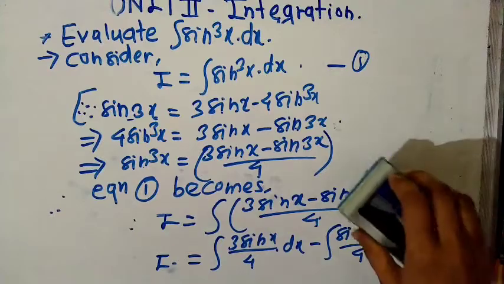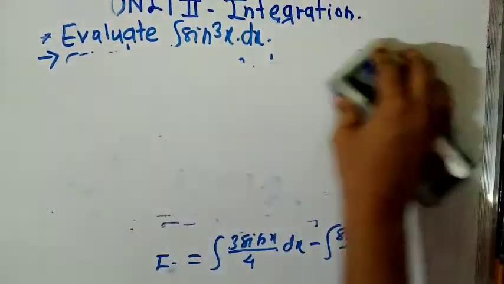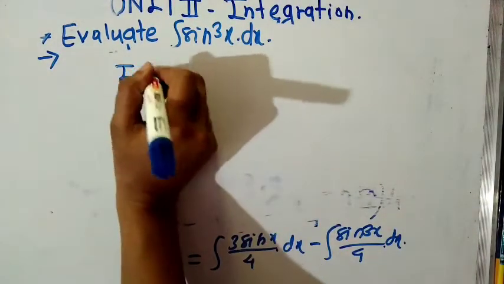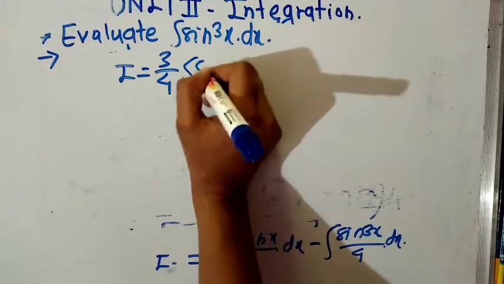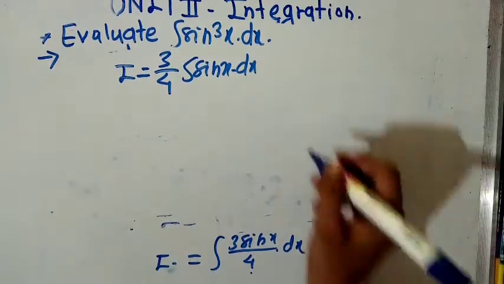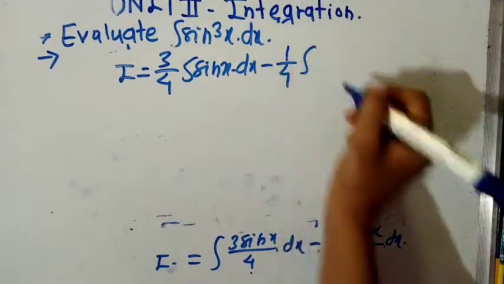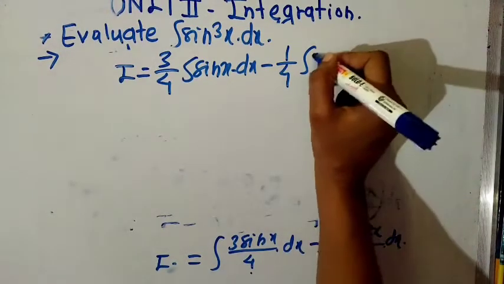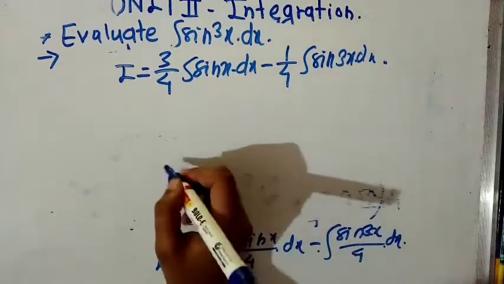So I is equal to 3 upon 4 into integration of sin x dx minus 1 upon 4 into integration of sin 3x dx.